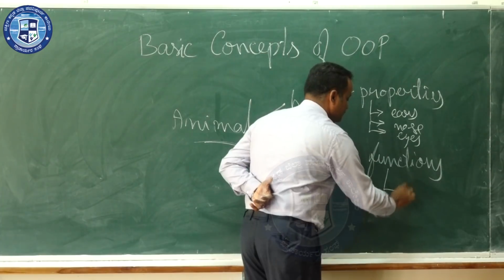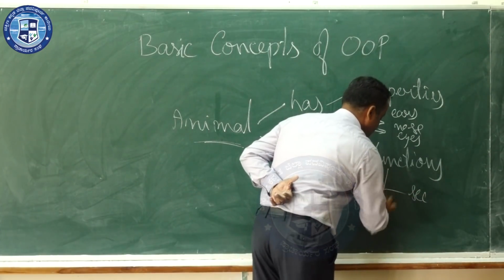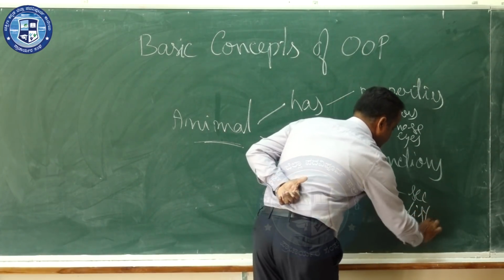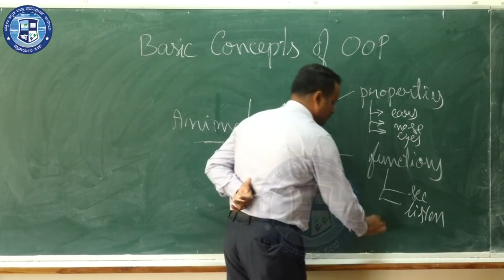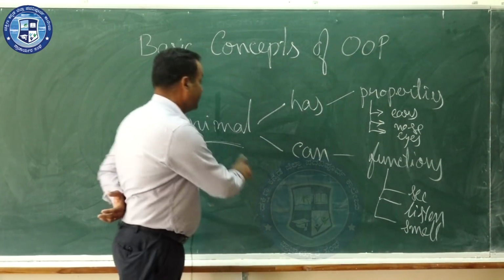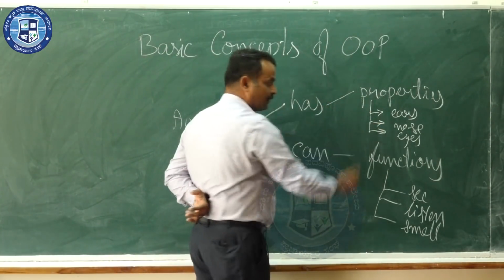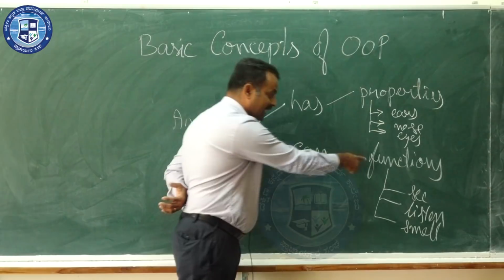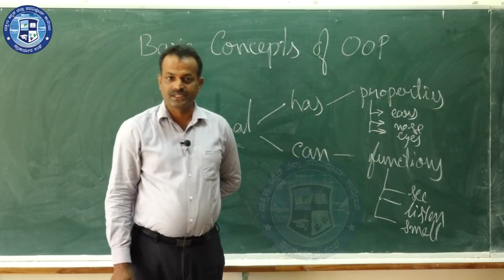The functions could be see, listen, and smell. So animal has these properties and an animal can perform these functions.